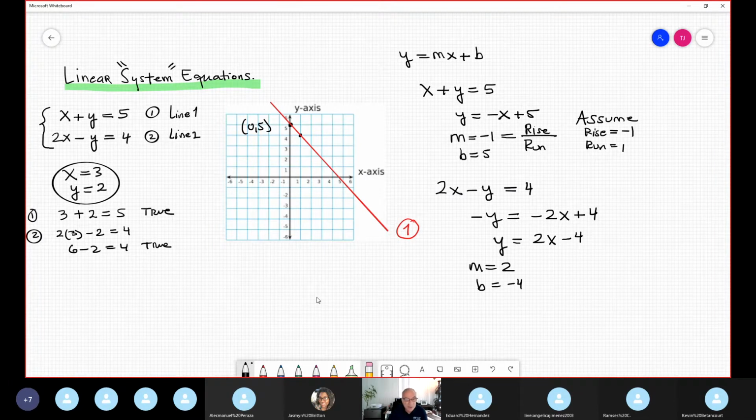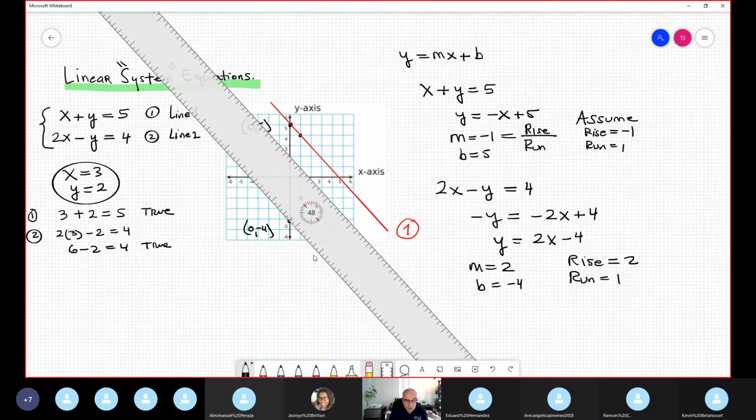Plot the intercept, which is -4, is here. Rise is 2 positive and run is 1 positive. From this point, which is the point (0, -4), I get the second point moving 2 up, 1, 2, and 1 to the right. Again, I use my ruler. Where is my ruler?